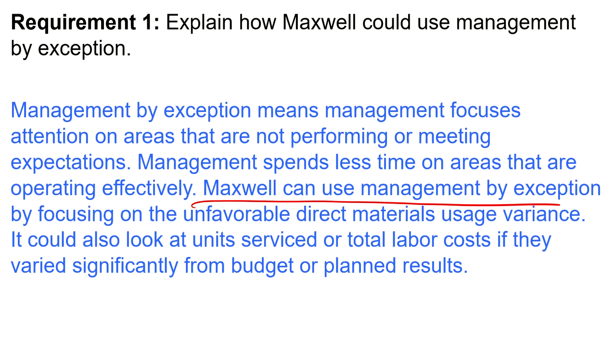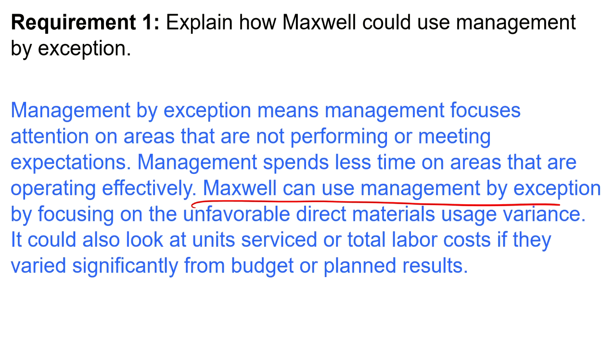It could also look at units serviced or total labor costs if they varied significantly from budget or planned results. So with management by exception, we're focusing on the areas where something is going wrong, and so we're looking for those unfavorable variances. That is what we're going to investigate first when we're using management by exception. So that's our first theory question.